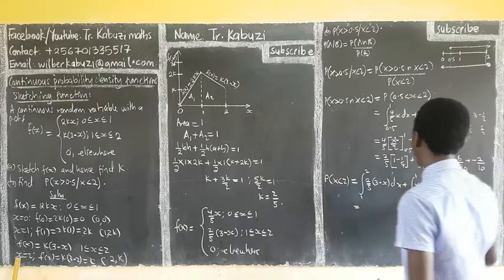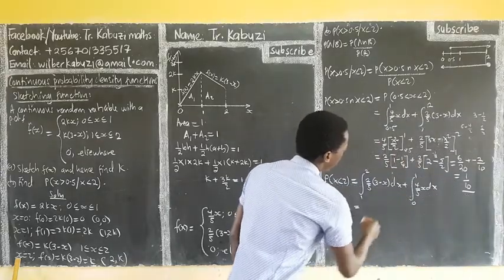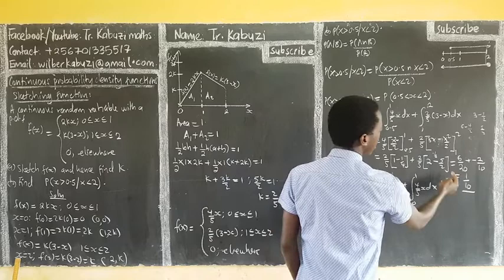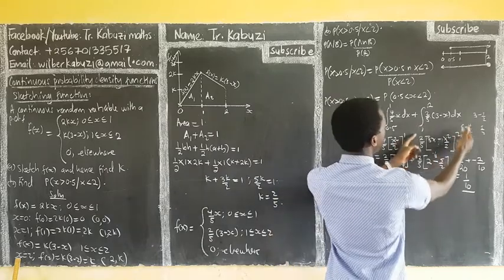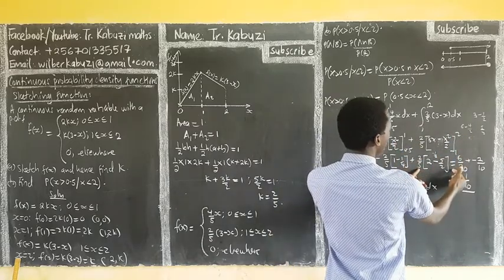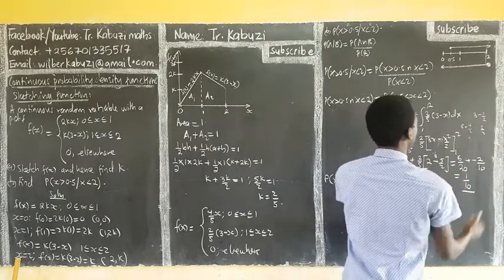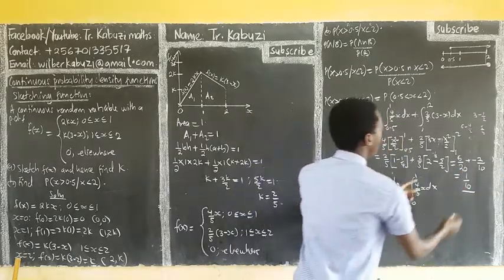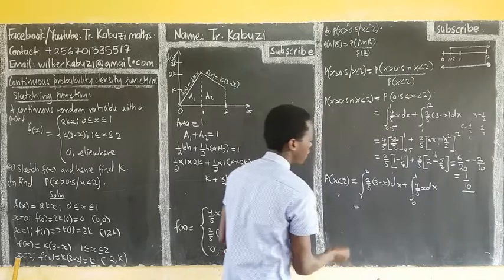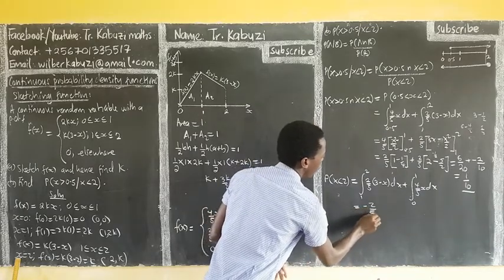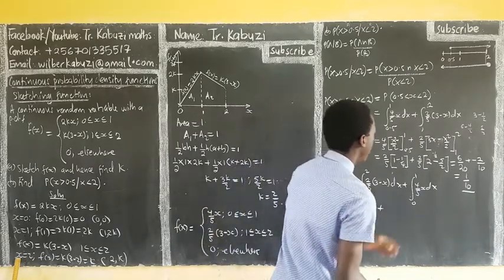The whole of this will give us negative 2 over 5. So negative 2 over 5, then plus, what happens here?